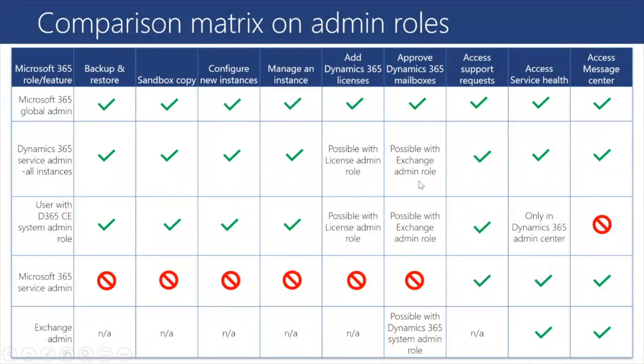Okay, those could also be possible by assigning the license admin role or exchange admin role to that particular user. But if a user has only this particular service admin role, then this user cannot manage licenses and cannot approve mailboxes.